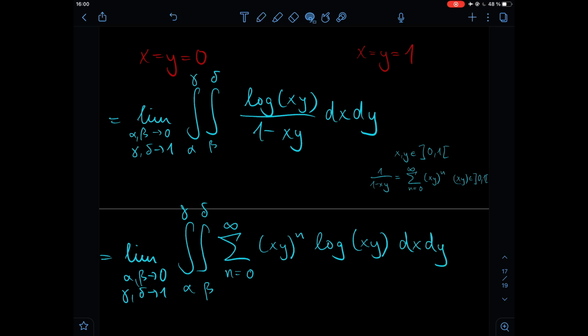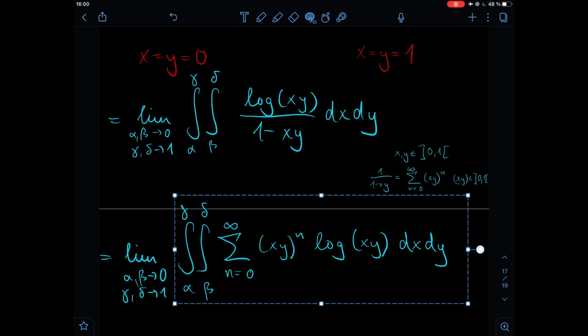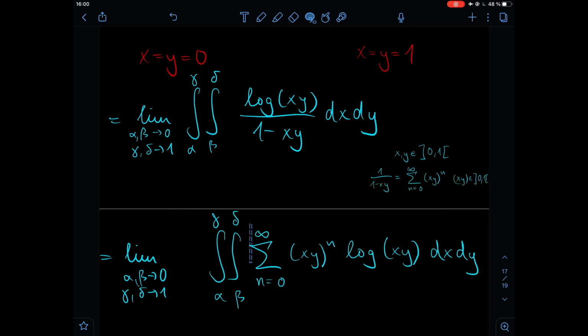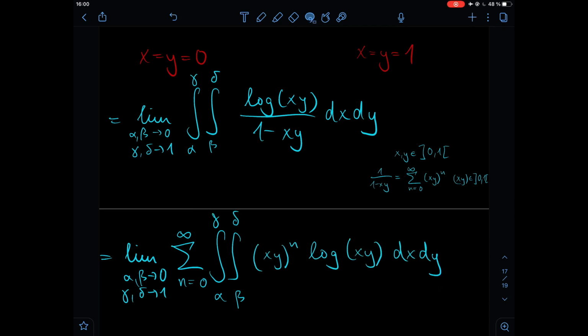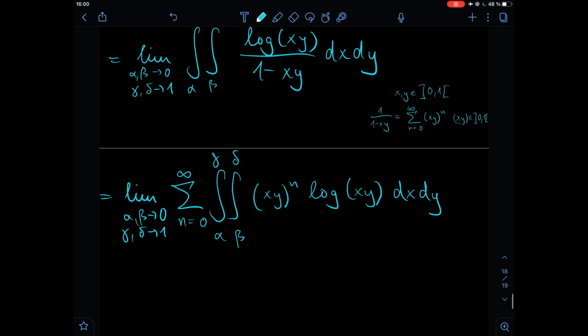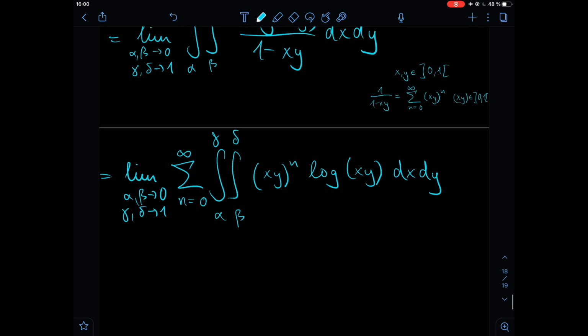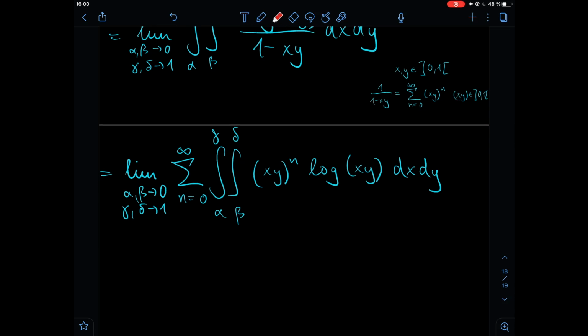So since this sum is converging, we can just extract the sum sign out of the integral and in front of the integral. So let's put the brackets back here, and voila. And what we have to do now is solve this integral with respect to x and with respect to y.